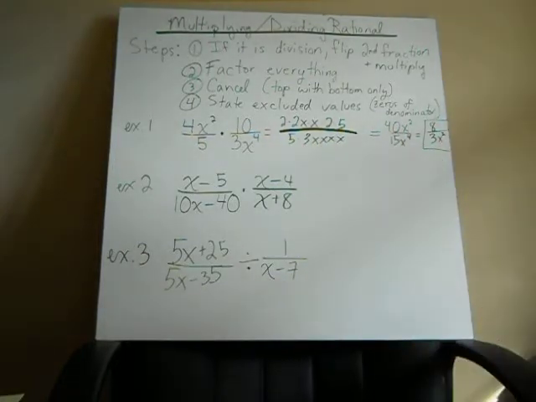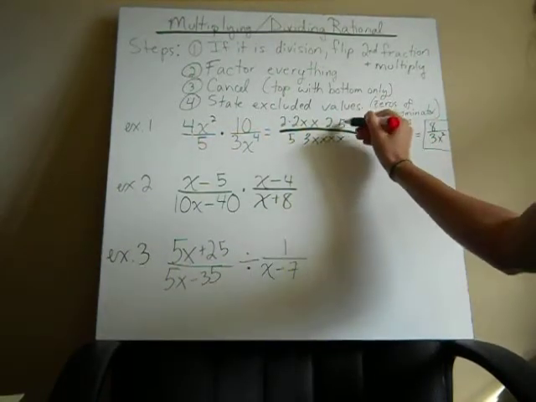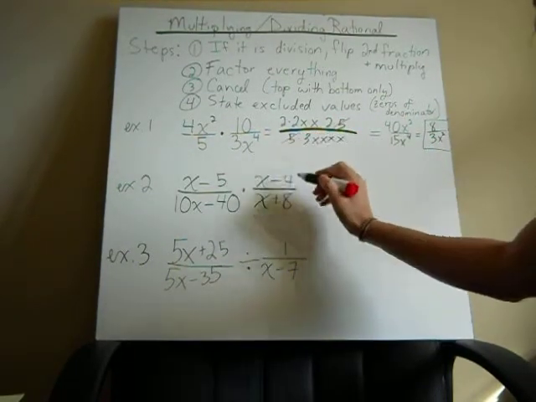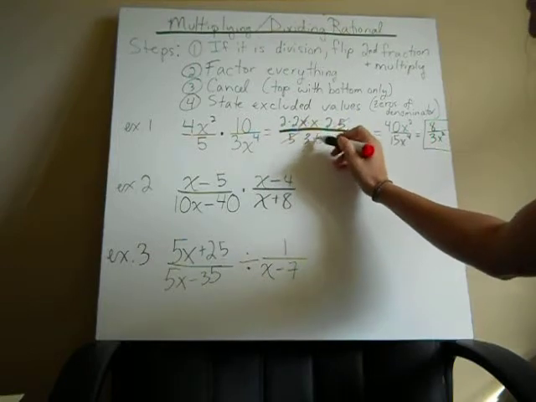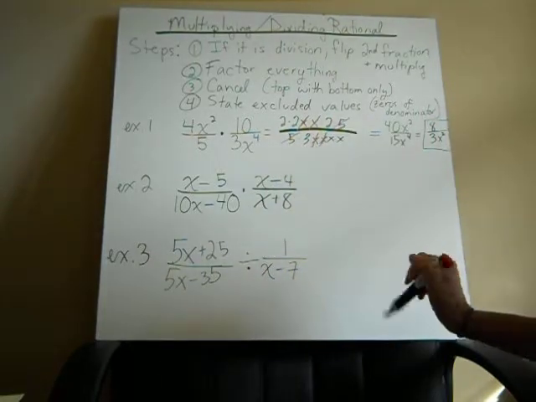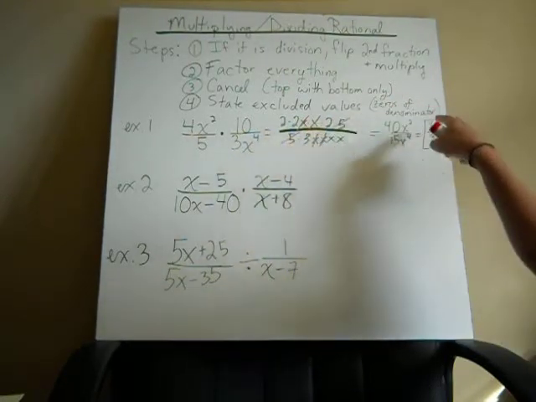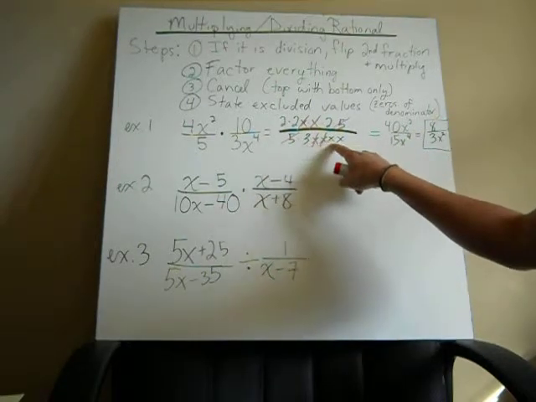Now what's going on really is that you're canceling the things that you have in common. So in this one what happened is it had the 5 here that could cancel with the 5 here, and then one of the x's canceled, and the other x canceled, and so you were left with 2 times 2 times 2, which is 8, over 3x squared.